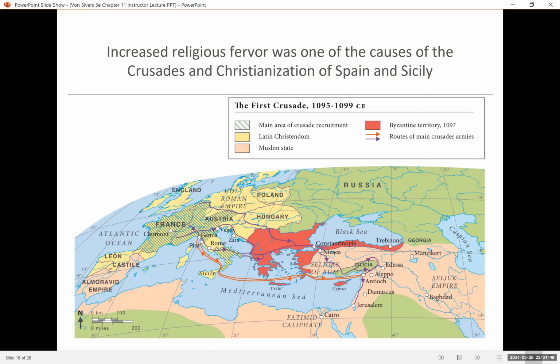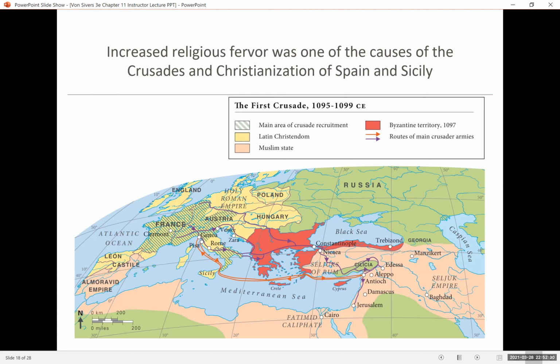And so this just electrifies people all over Europe as adventure, as a way to get new land, as a symbol of their pious nature. For fighting men, it was a way to redeem their souls. It was a way to gain salvation, not by crawling around on their knees and asking for forgiveness, but doing what they were trained to do in a manly way, and that is kill.